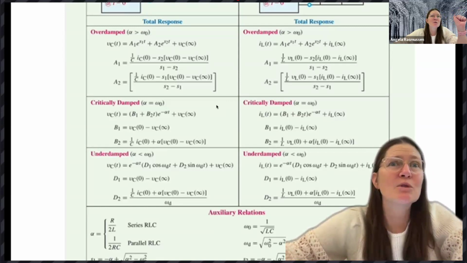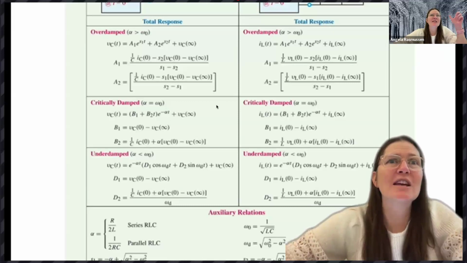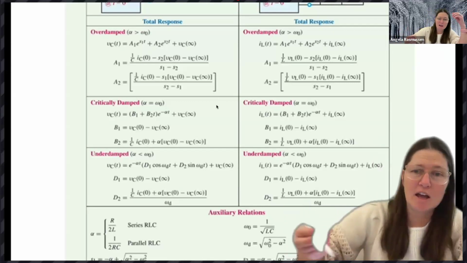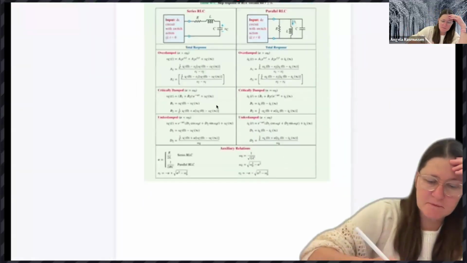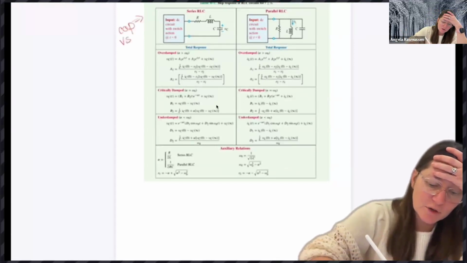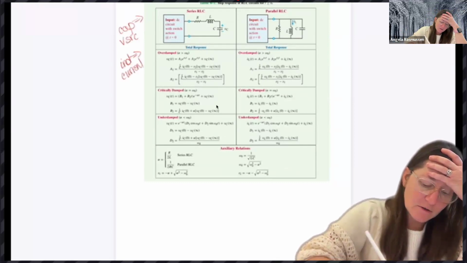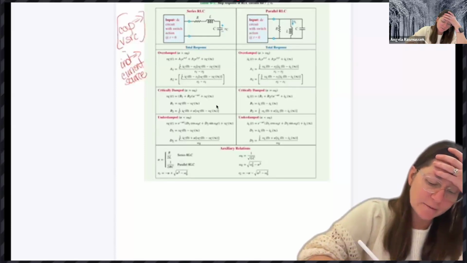VC infinity would be the final value, VC of 0 would be the initial value, and IC of 0 the initial value. When we're looking at VC, we have to take that extra step to find IC. So we redraw the circuit: a capacitor goes to a voltage source, and an inductor goes to a current source. We use those to then find the other initial value.